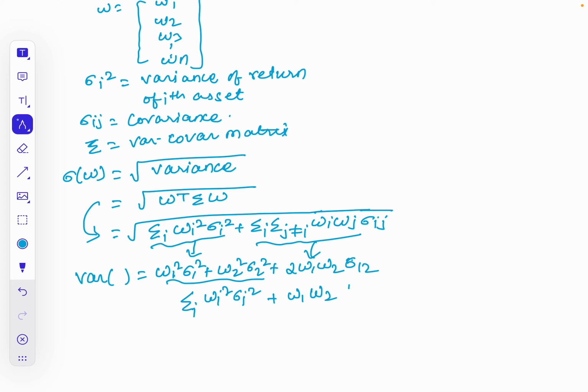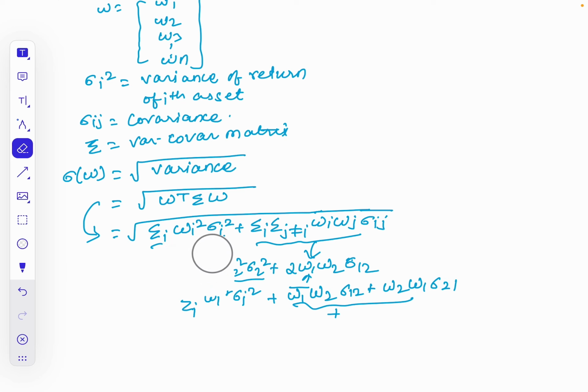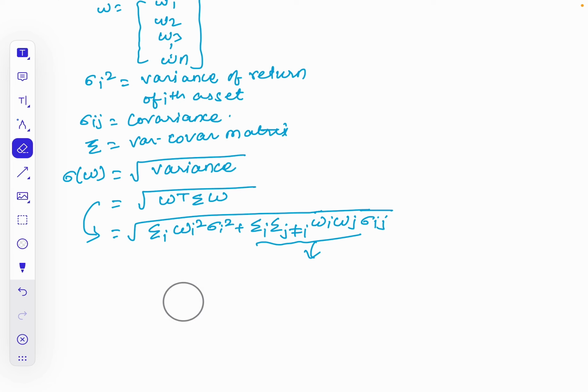And then in the other case i will be 2, and j will be 1, so w2 w1 sigma 2 1, right? Then i is already 2 and j cannot be 2. So these two terms will be there, and when you sum these two terms, you will get this term. So you can understand this term using the two asset case. I just tried to give you an intuition on how this term came about.